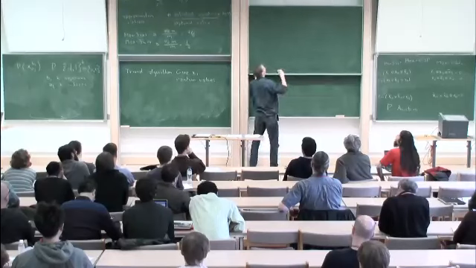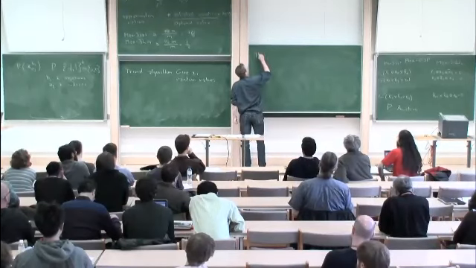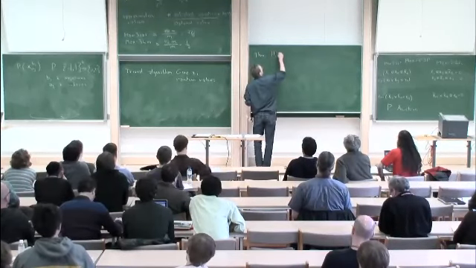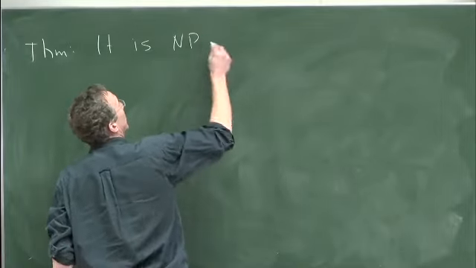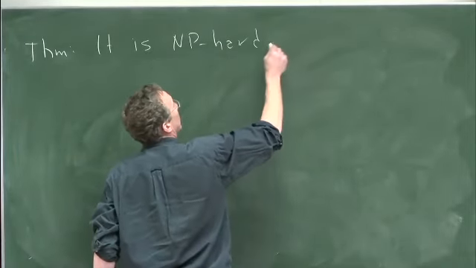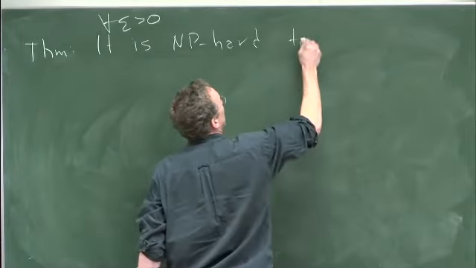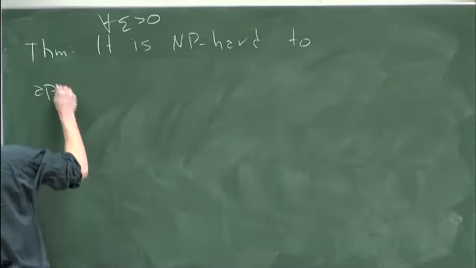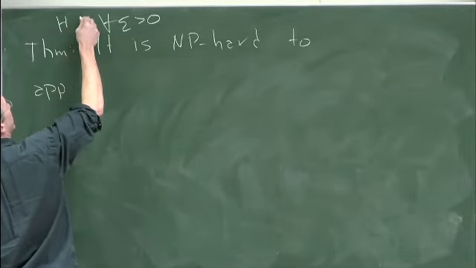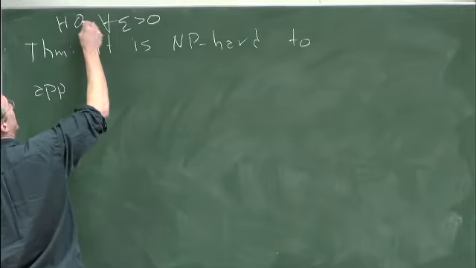So my starting point is a theorem: for all epsilon greater than 0. This is my own theorem from, I don't remember when actually, sometime.